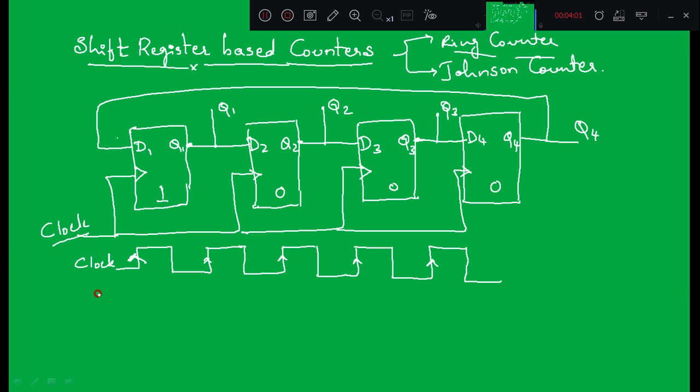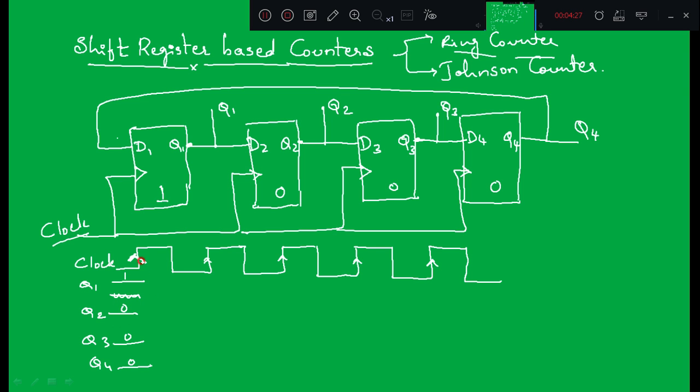So now initially Q1 is 1, Q2 is 0, Q3 is 0, and Q4 is also 0. So the state stored in these flip-flops is 1, 0, 0, 0, right?